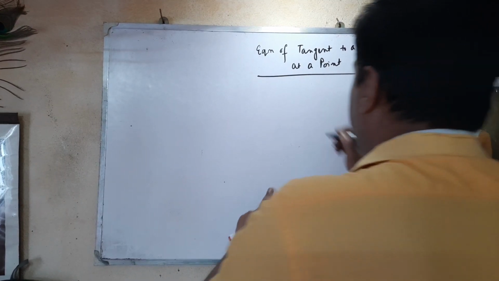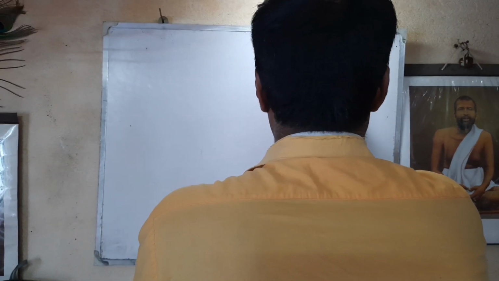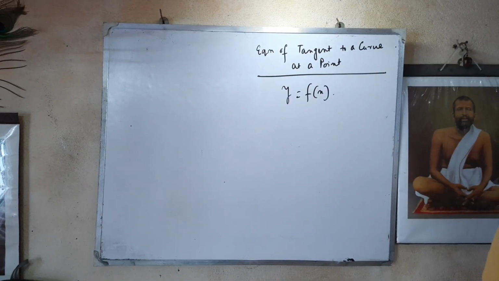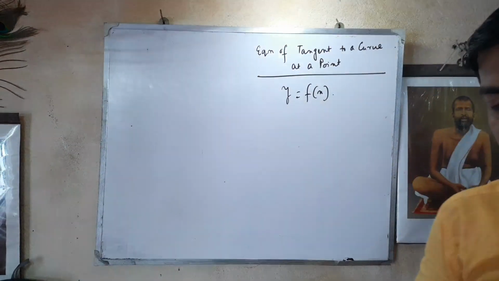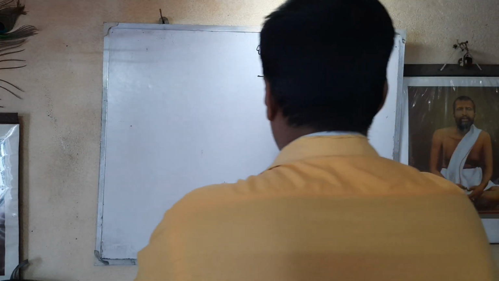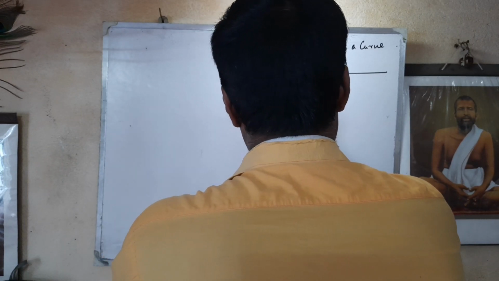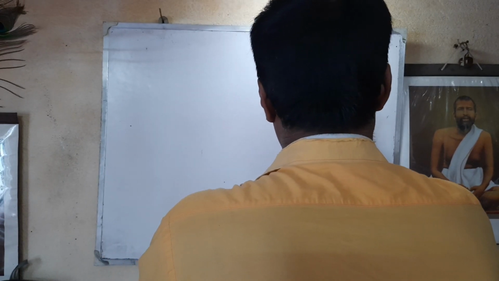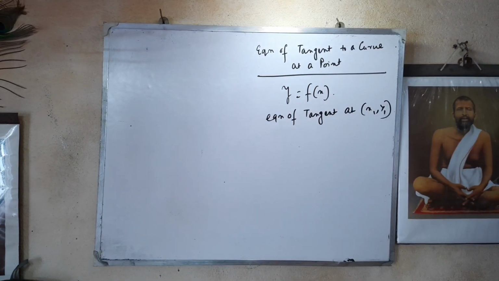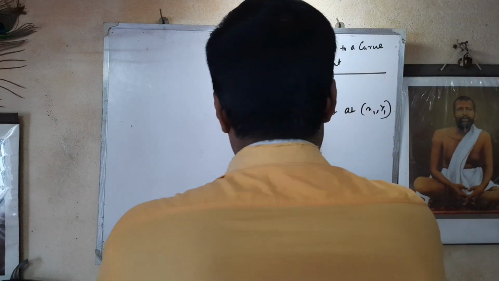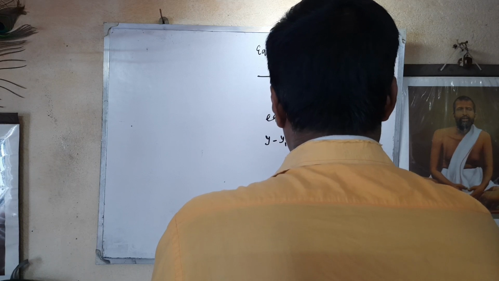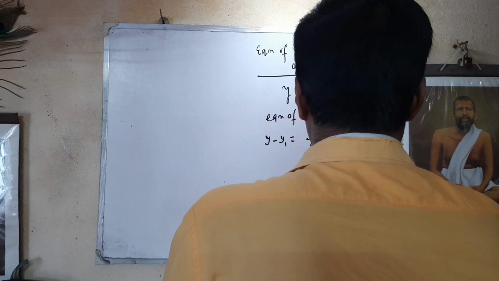Now, let the equation of a curve be given by y equal to f(x). Let it represent the equation of a curve. So, the equation of the tangent to this curve at a point x1 comma y1 is defined as y minus y1, the equation of a straight line, equals dy/dx at x1, y1 into x minus x1.